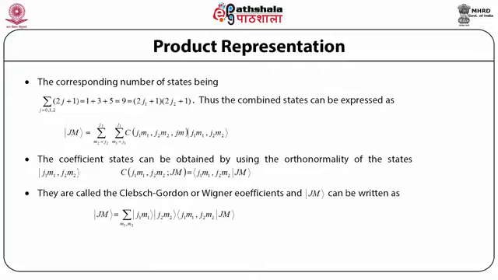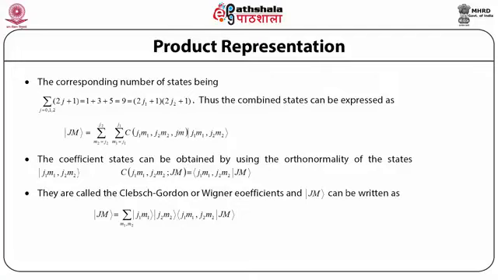This can be obtained, for example, by using the orthonormality of the states |j1, m1, j2, m2>. So C(j1, m1, j2, m2; J, M), the Clebsch-Gordan coefficient, is obtained by taking the scalar product of the state |J, M> with the product states |j1, m1, j2, m2>.